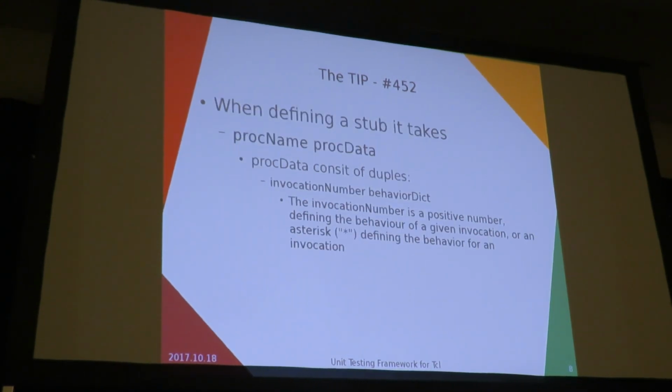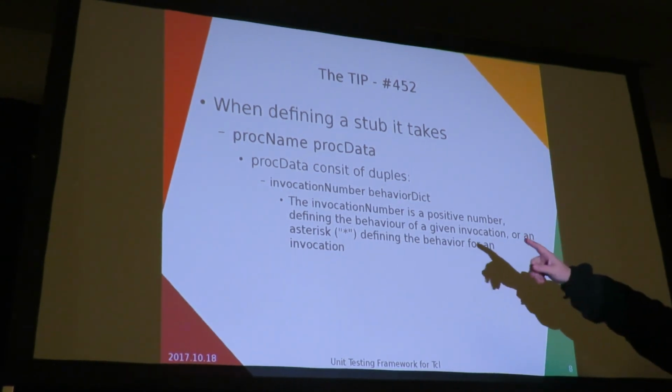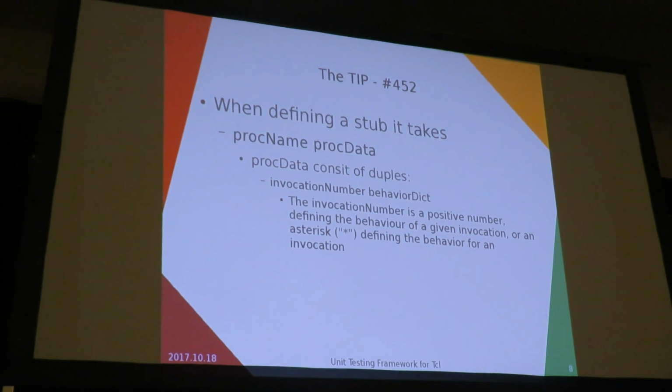Okay, remember I said that the add stubs are the setup. It takes a list of procedure names and procedure data that you want to stub out. The procedure name actually consists of tuples, which is the invocation number and the behavior dictionary.